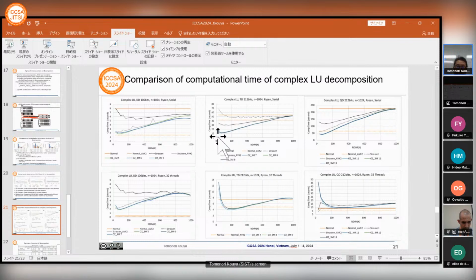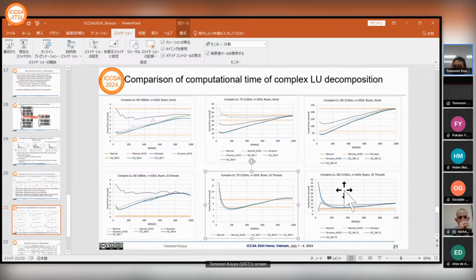In triple-double precision, Ozaki scheme is showing the best performance in serial computation and 32-thread parallelized execution. In quadruple-double precision, Ozaki scheme has the best performance in serial computation, but the simulated normal LU decomposition is showing better performance than the other algorithms.